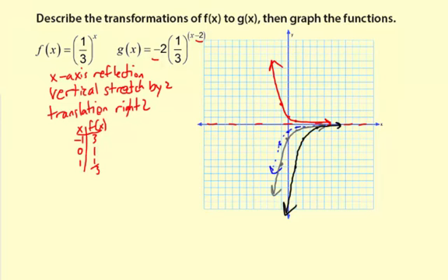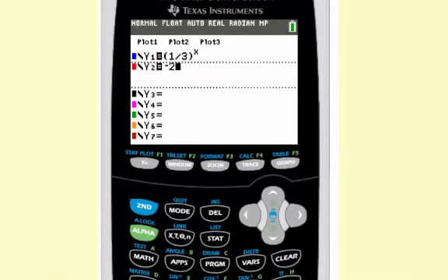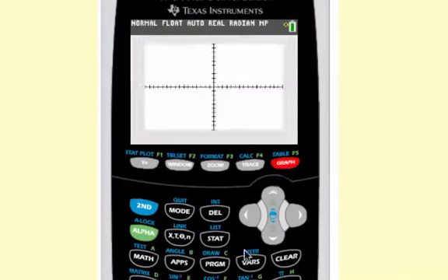Now let's get a graphing calculator and verify. Then -2 times 1/3 to the x minus 2 power. And let's graph.